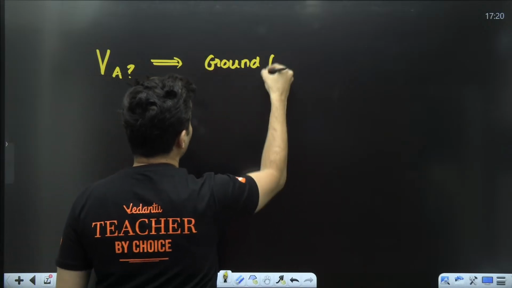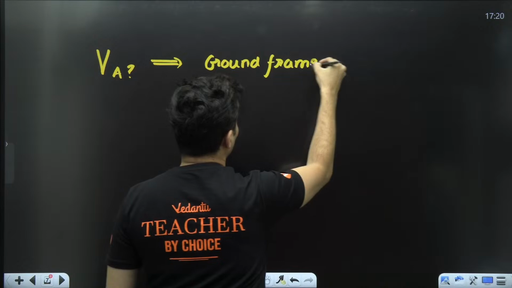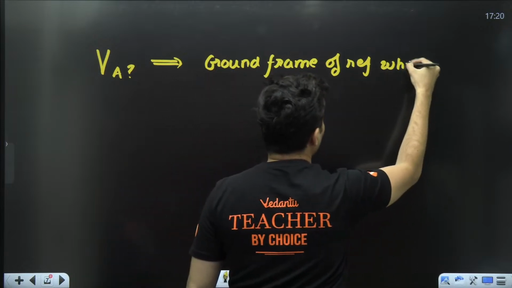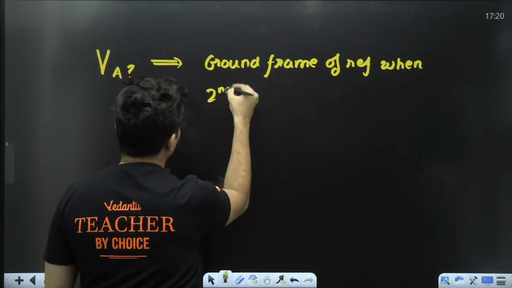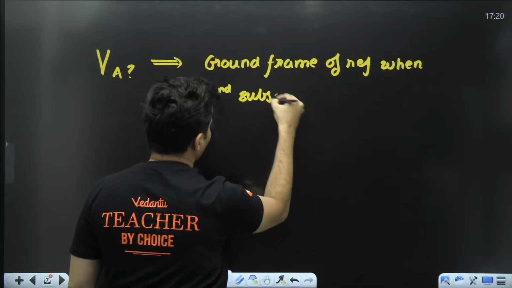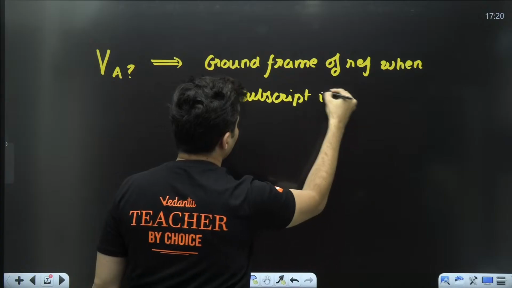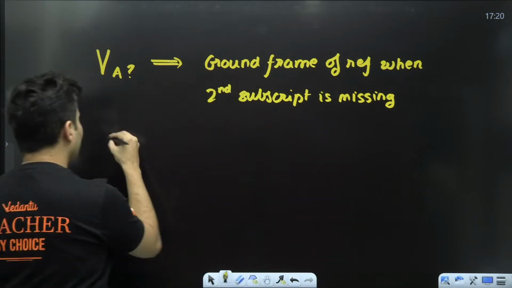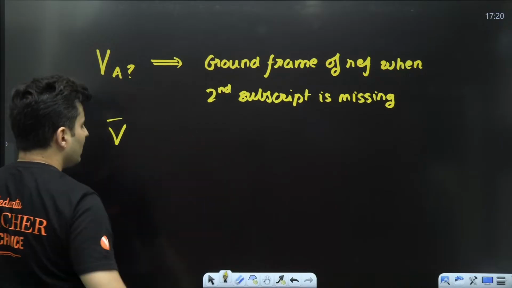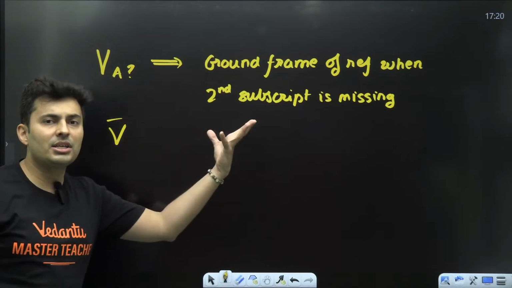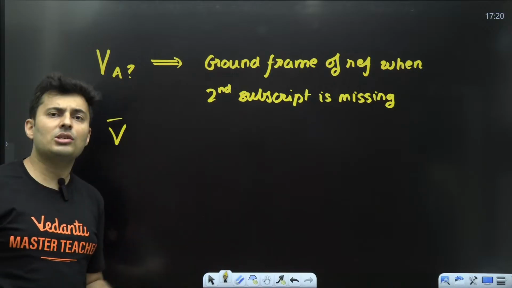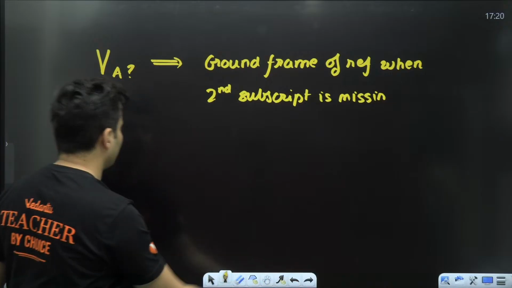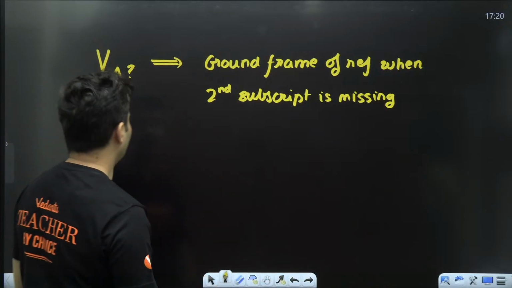Ground frame of reference. When the second subscript is missing, or even if I put just v or just velocity without mentioning the subscript, it is understood to be the ground frame of reference, that is basically your earth.